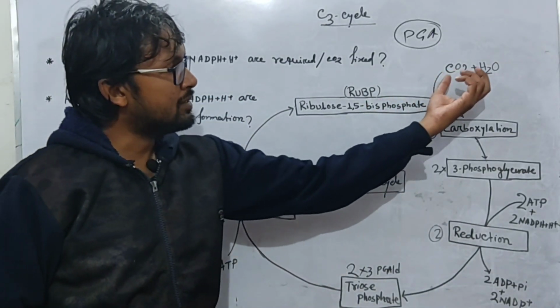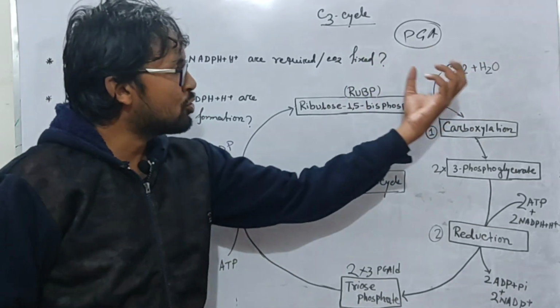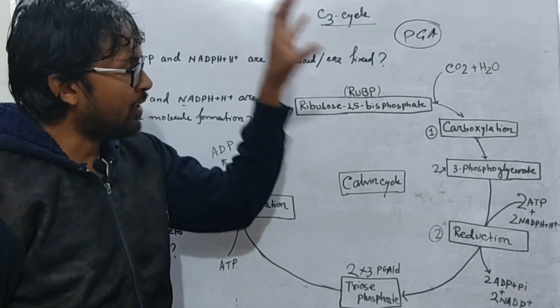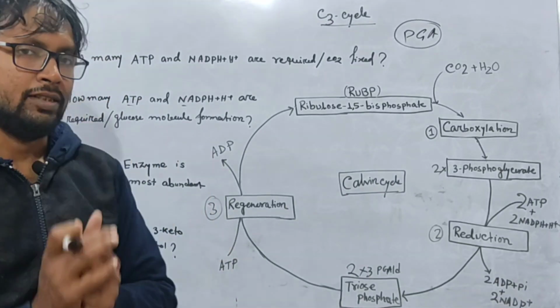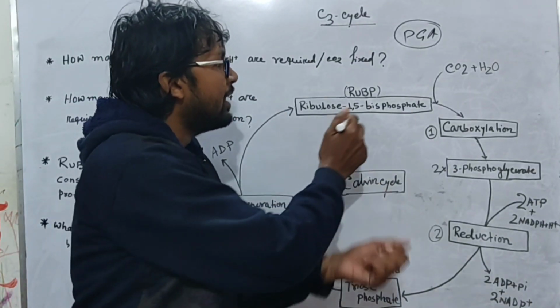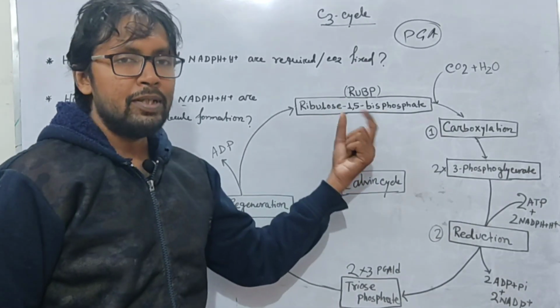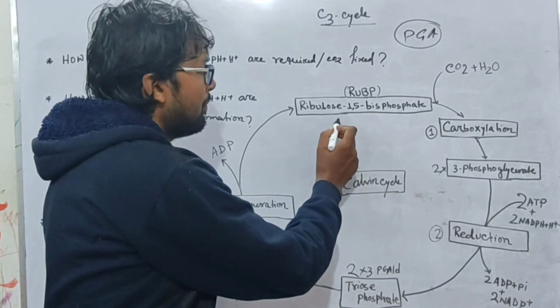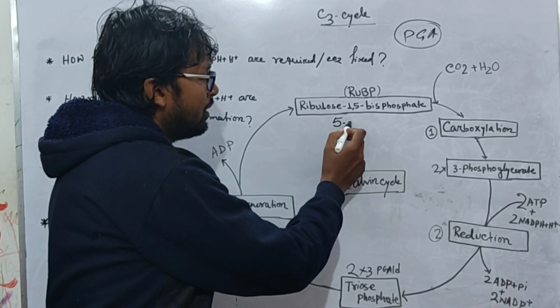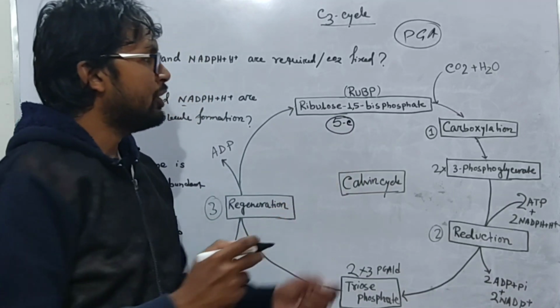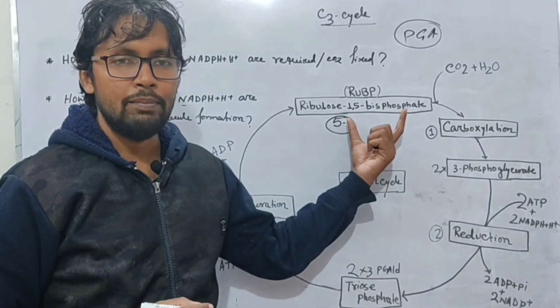However, these two substances, carbon dioxide and water, are fixed with a substance which is RuBP. This is actually a previous substance, a 5-carbon compound, this RuBP, ribulose 1,5-bisphosphate.